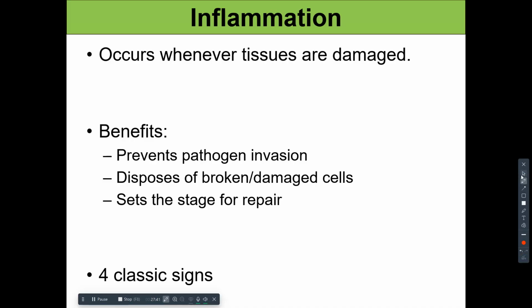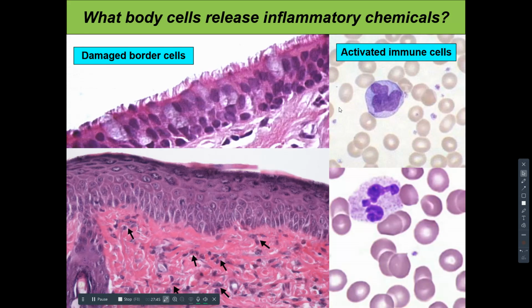Now, inflammation occurs whenever tissues are damaged. So inflammatory chemicals are often released by damaged border cells. So cells that are on the line between our internal and external environments. So, for example, skin cells, or any of those cells lining the tracts, the mucous membrane cells.